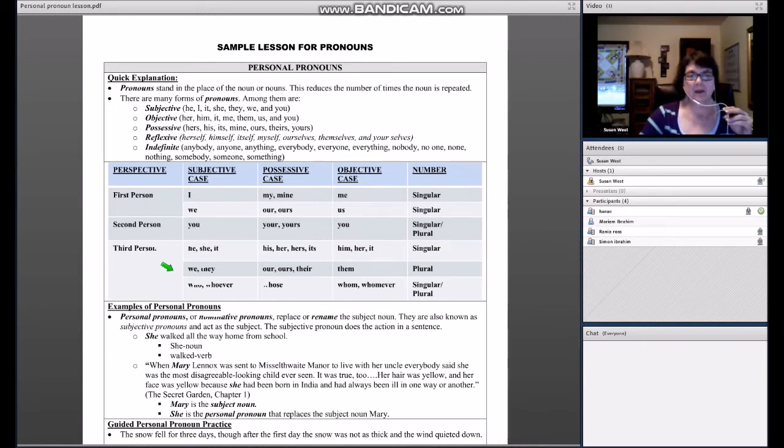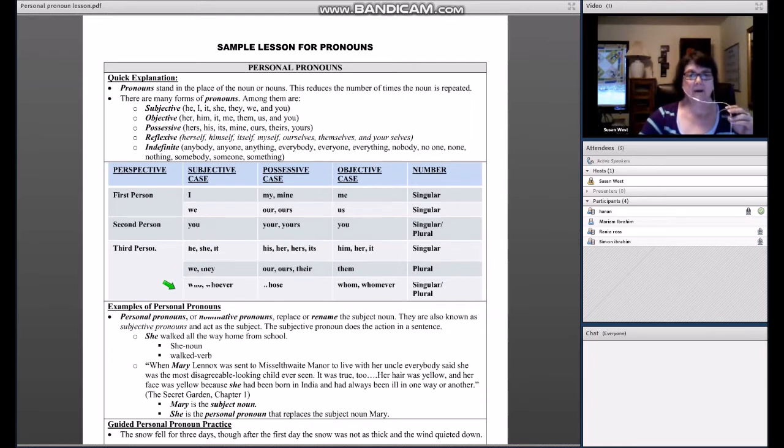We, they, our, ours, their, and them are plural. They refer to more than one person. Who, whoever, whose, whom, and whomever can also be singular or plural. So you can use you and who for more than one person.